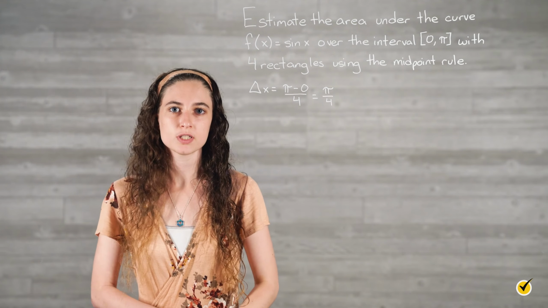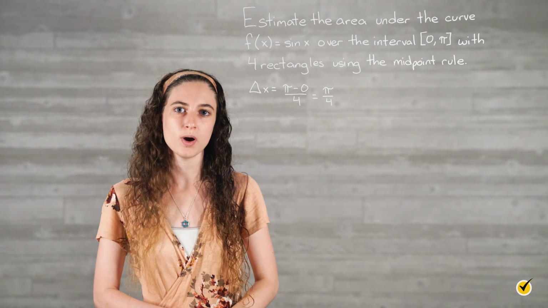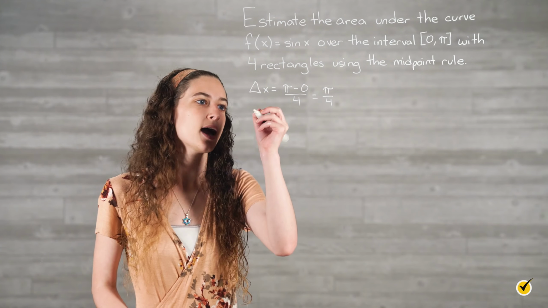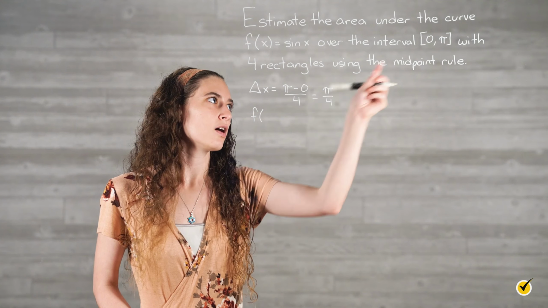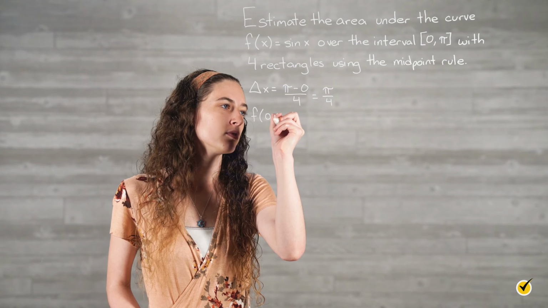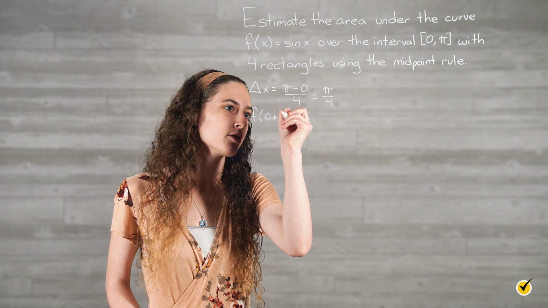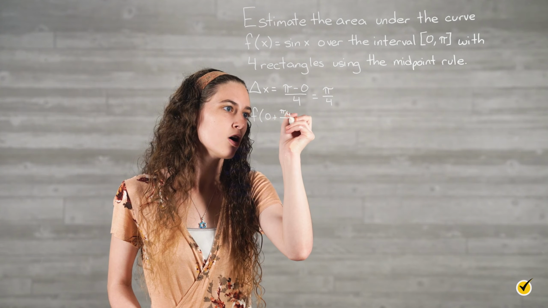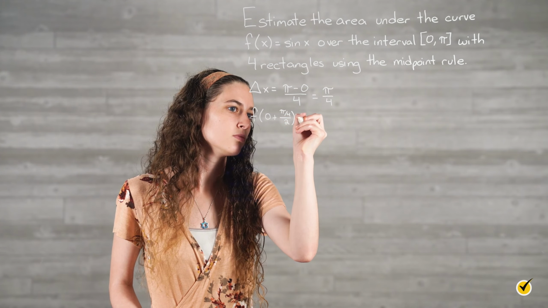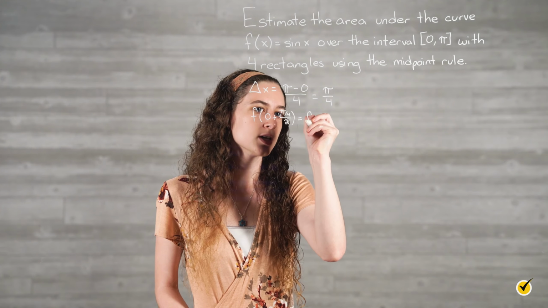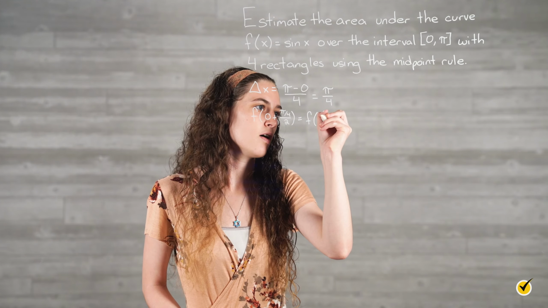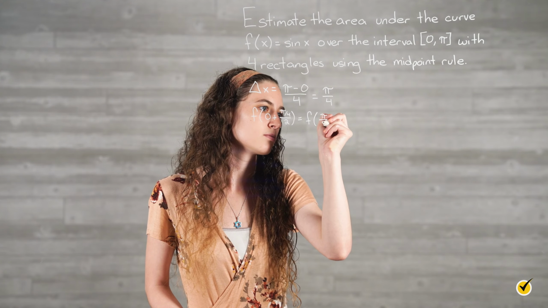We need to measure the first height at half the width of rectangle 1. So the first height will be f of 0 plus pi over 4 over 2, which is equal to f of pi over 8.